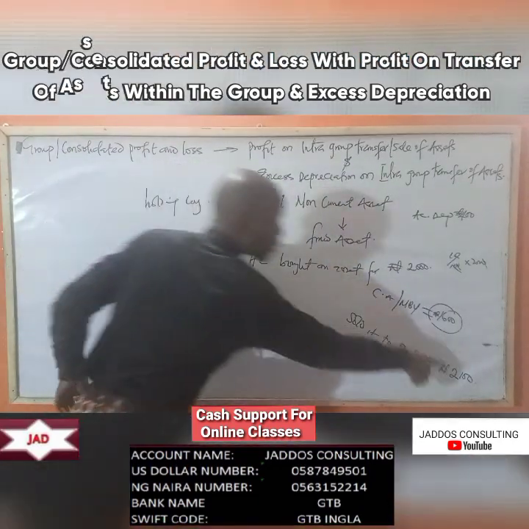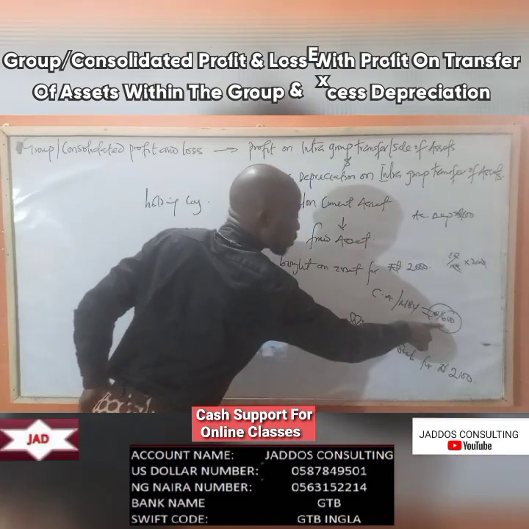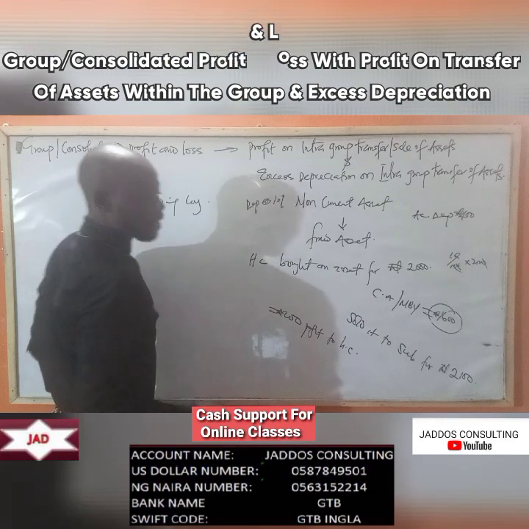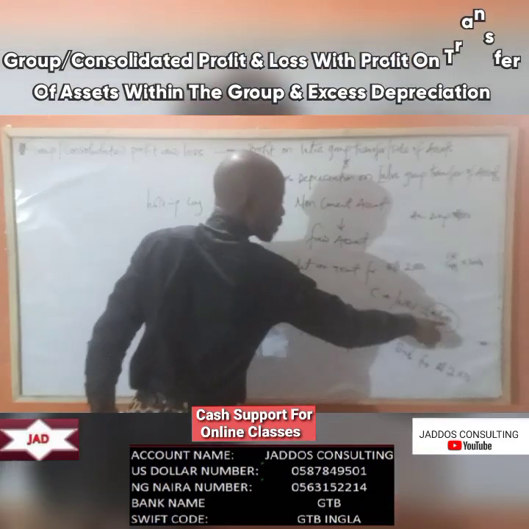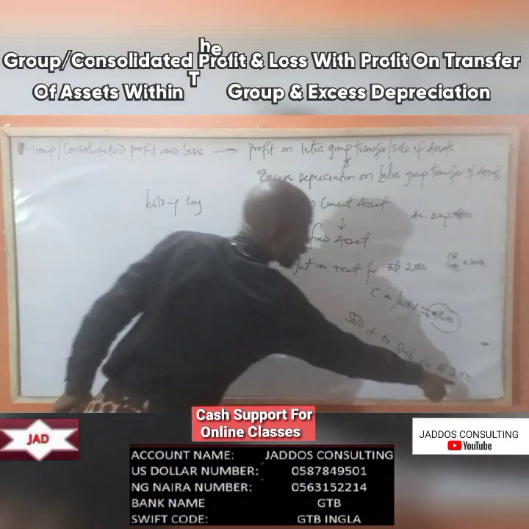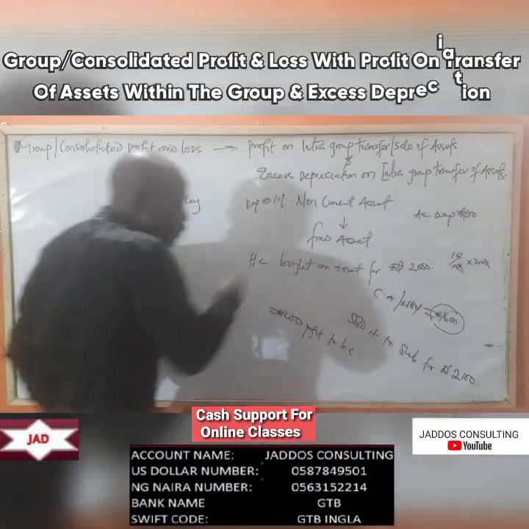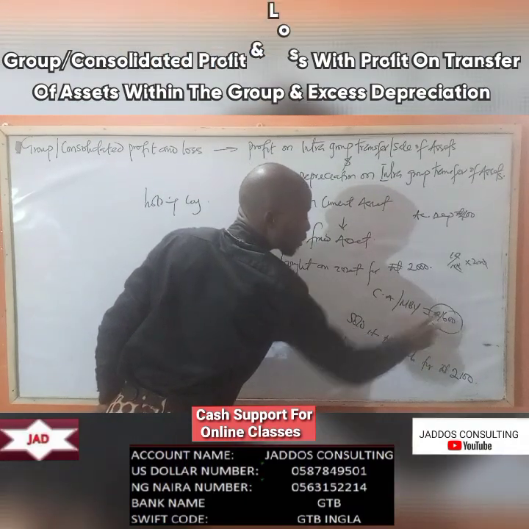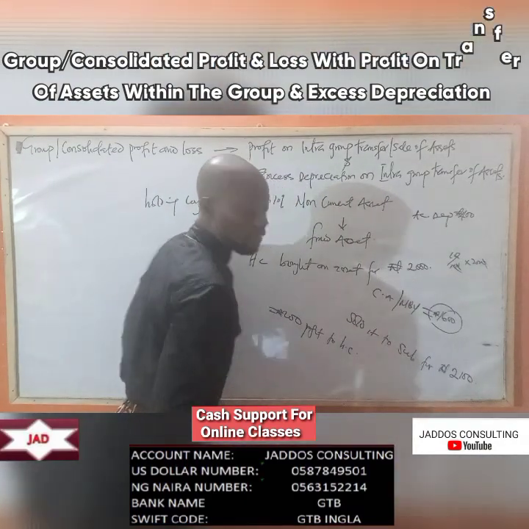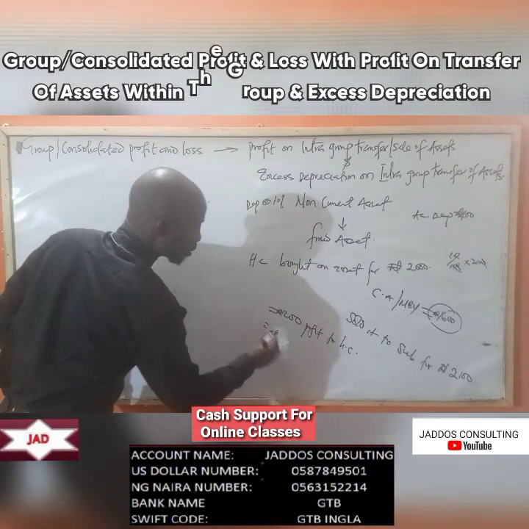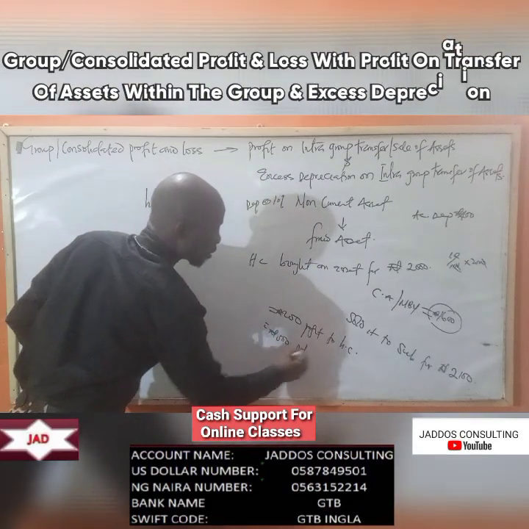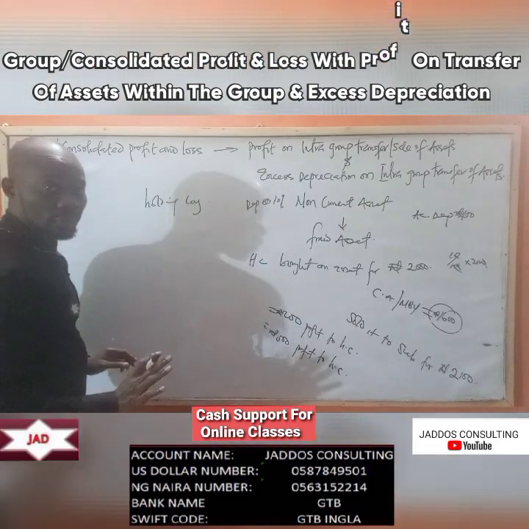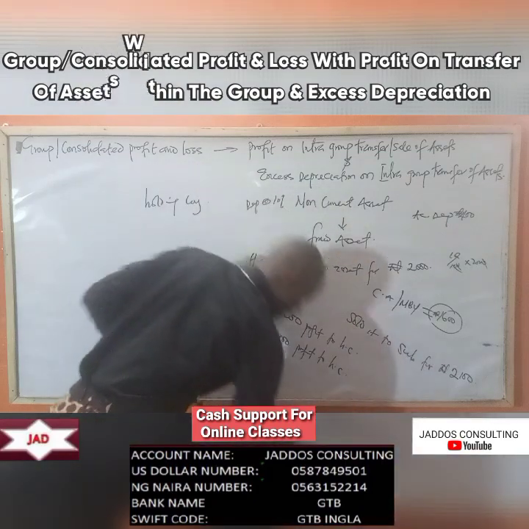It will be 2,100 minus 1,600, and that's 500. So it will be 500 naira profit to the holding company. You see now? So let's maintain this.